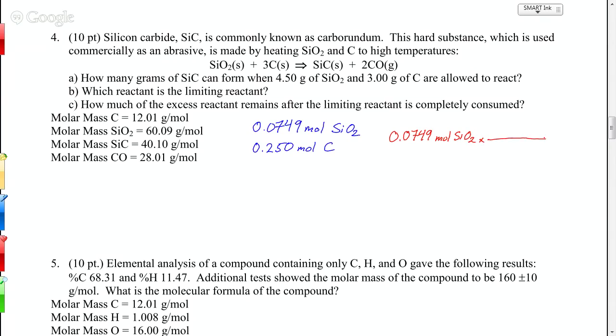Multiply that by what we see in the equation, which is 3 moles of carbon for every 1 mole SiO2.